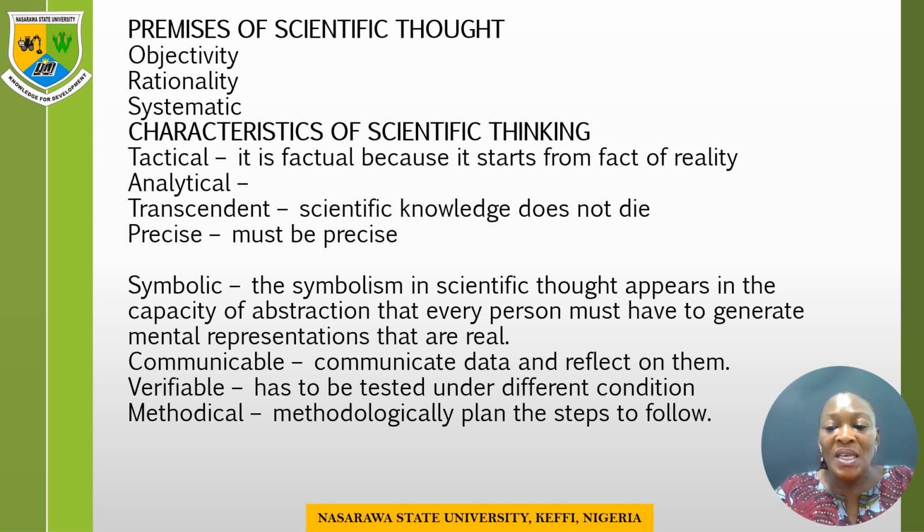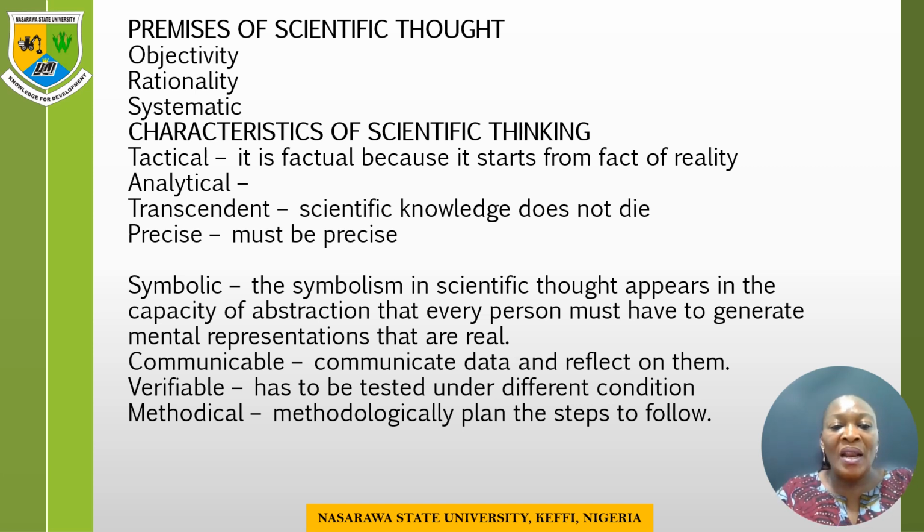You don't study sociology, you don't study scientific method without looking at all the characteristics. Like I said, one of the characteristics again is that it is factual, because it starts from facts of reality. Now, in carrying out scientific thinking, it has to be factual because you have to look at what you are studying, and it has to be based on reality.